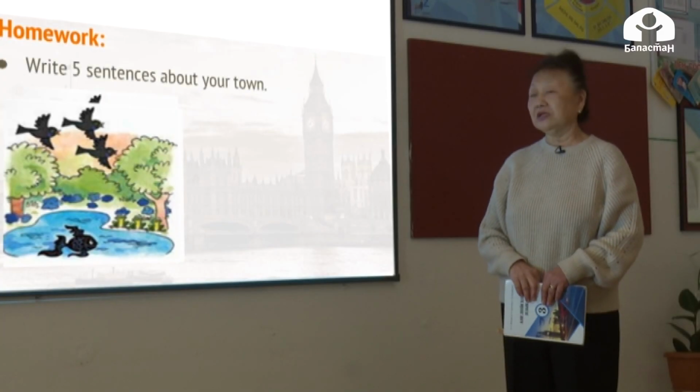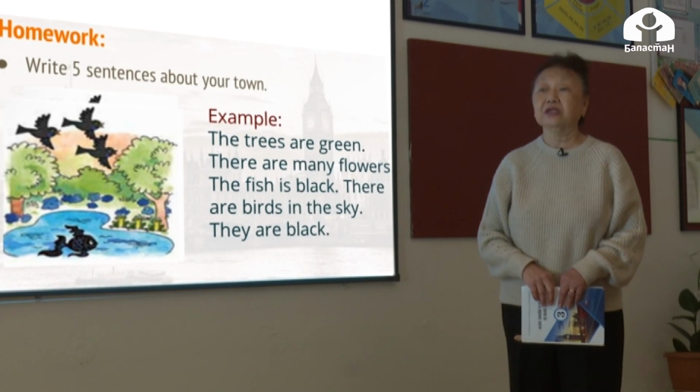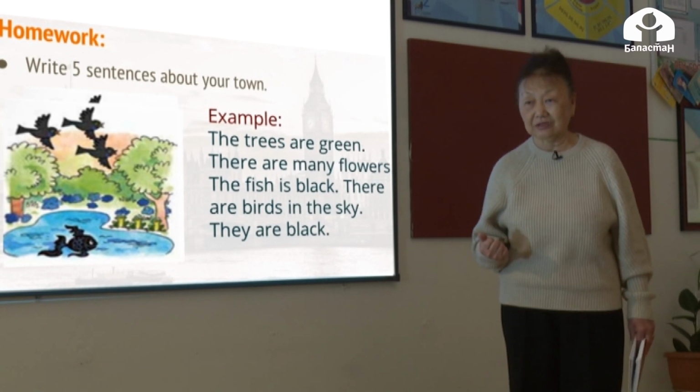Your homework is to write 5 sentences about your town, about Bishkek. Or if you live in Osh, about Osh. If you live in Karabalta, about Karabalta. So about the place where you live.